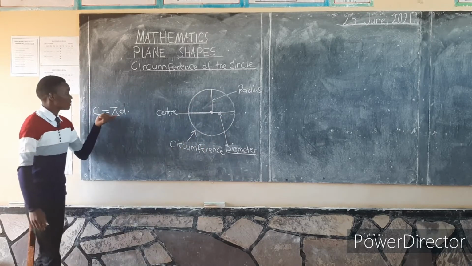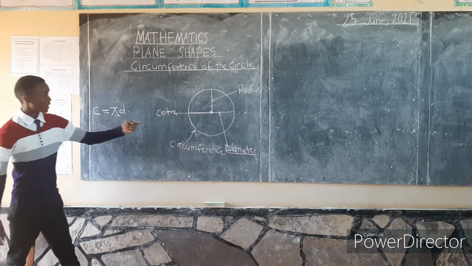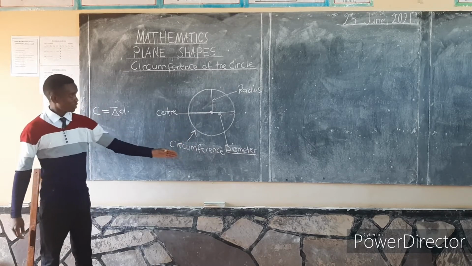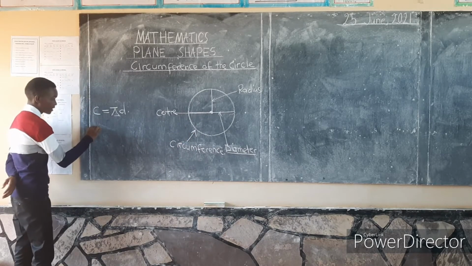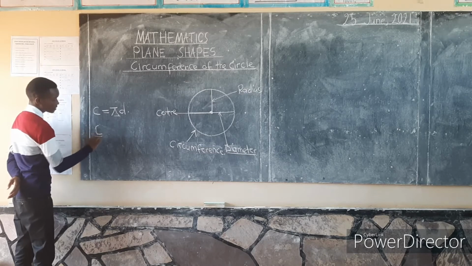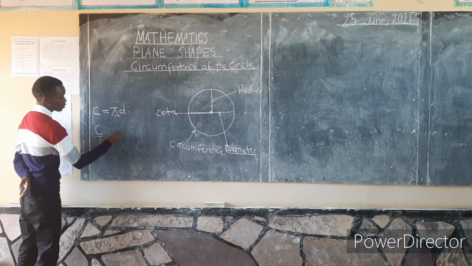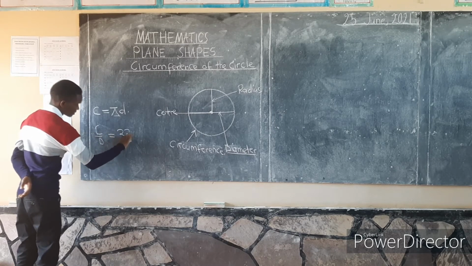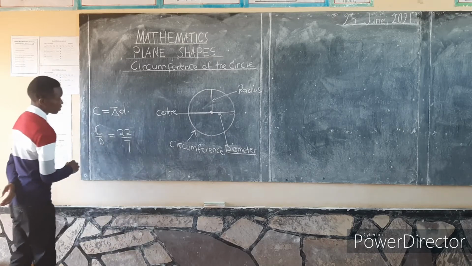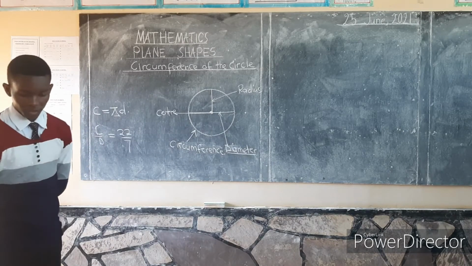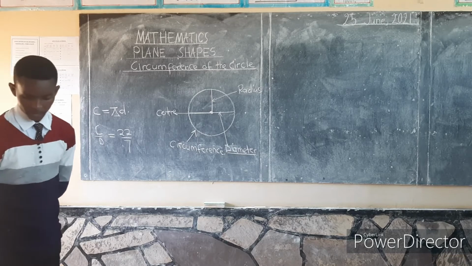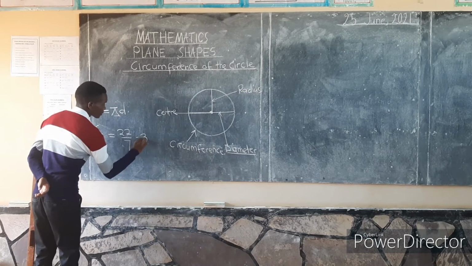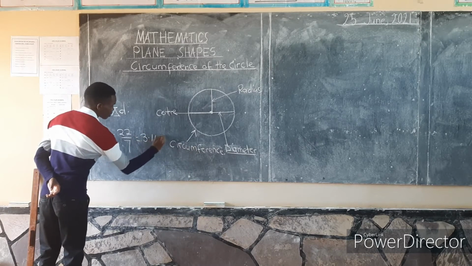The ratio between the circumference and the diameter is equal to 22 over 7, which, when you put it in decimal, gives us 3.142.